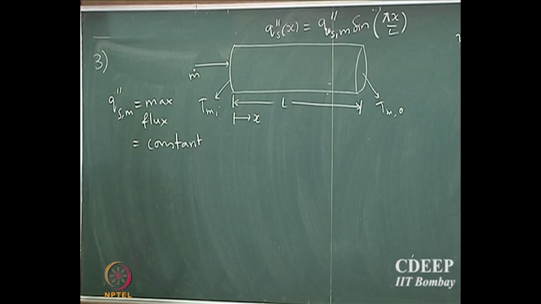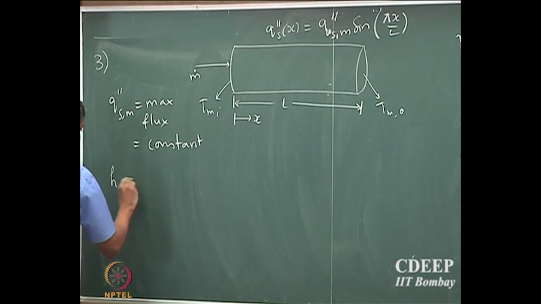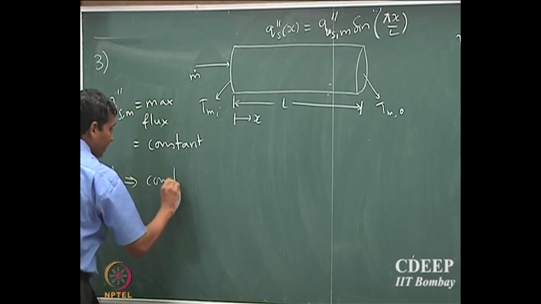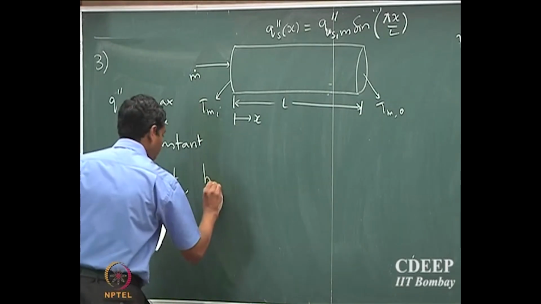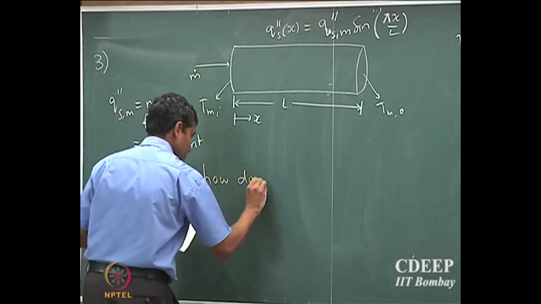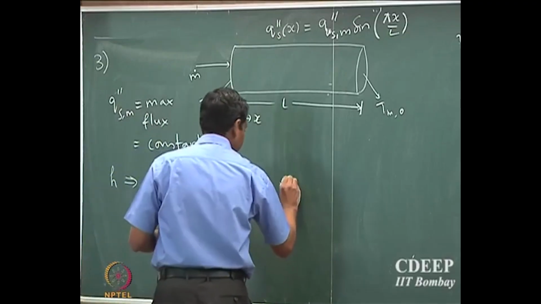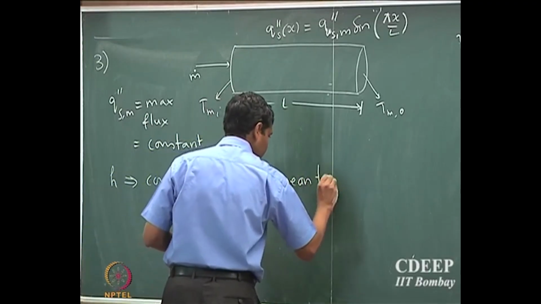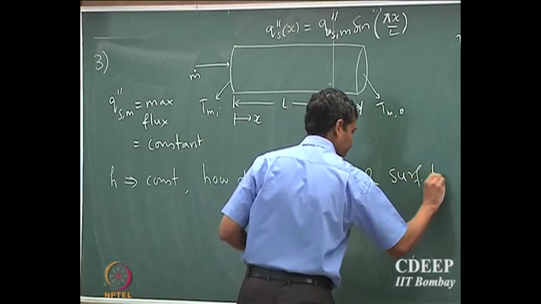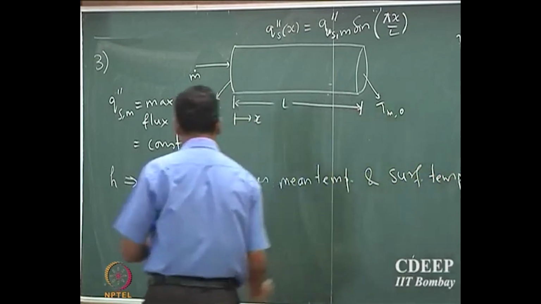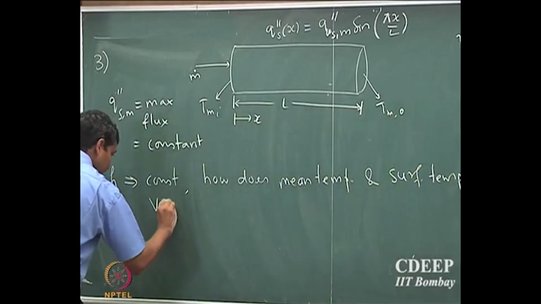So, the question is, if the heat transport coefficient is constant, which means that we are really looking at the fully developed regime, how do the mean temperature and surface temperature vary with x?